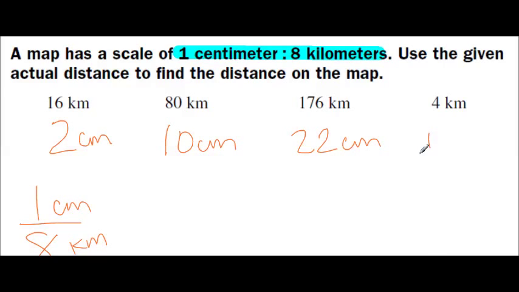Basically, figure out what number multiplied by 8 will give me the kilometers that I'm given in order to find the centimeters. So we have 10 centimeters, 22 centimeters, and then 1/2 a centimeter would be the distances on the map for the real life distances that we were given. So our ratio 1/8 was the key for these problems.